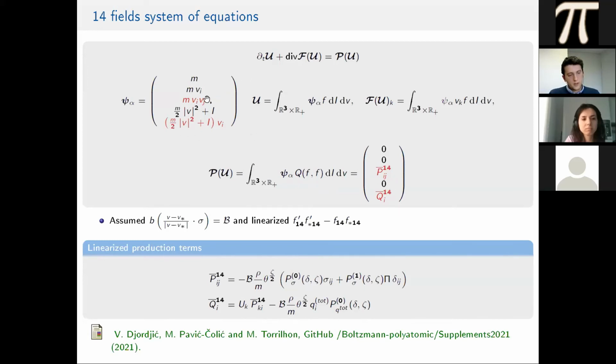But for this red colored test function, you will have something non-zero on the right-hand side. And then we have to compute that.